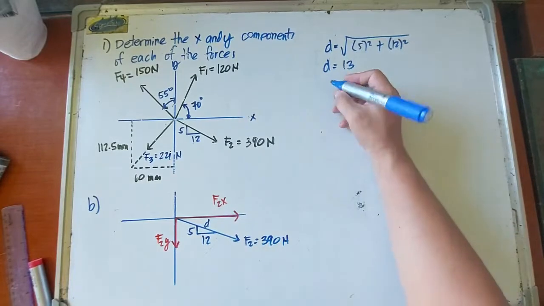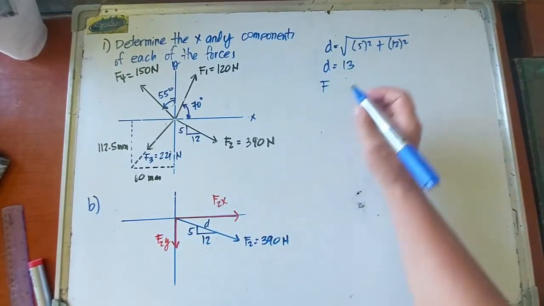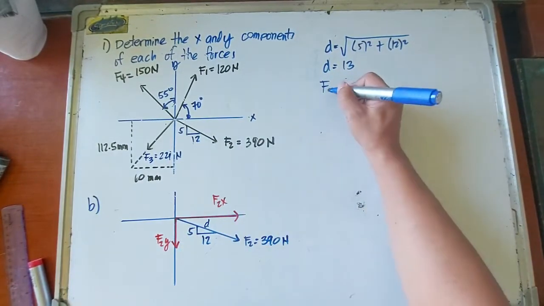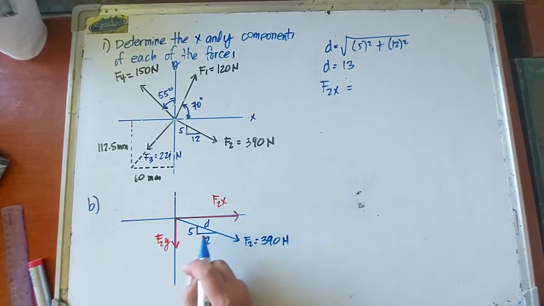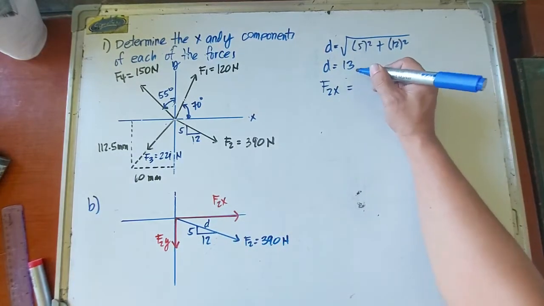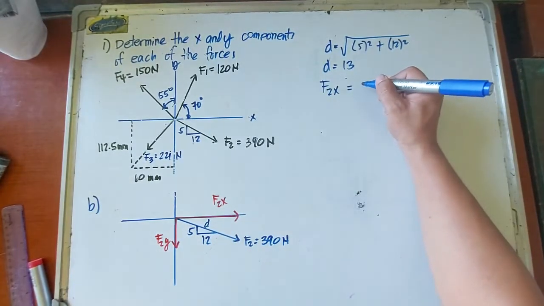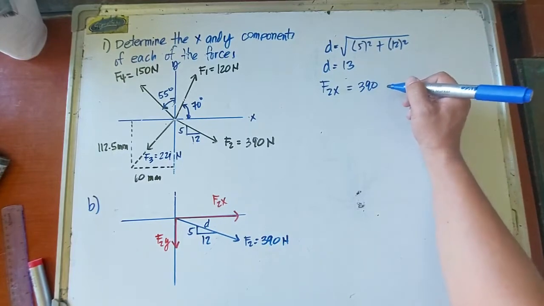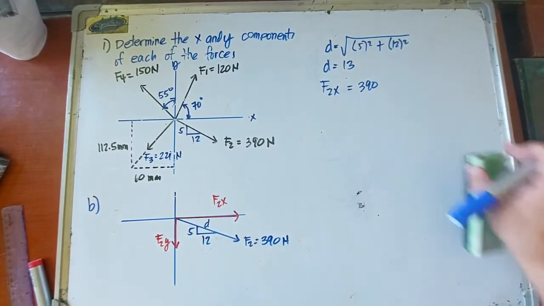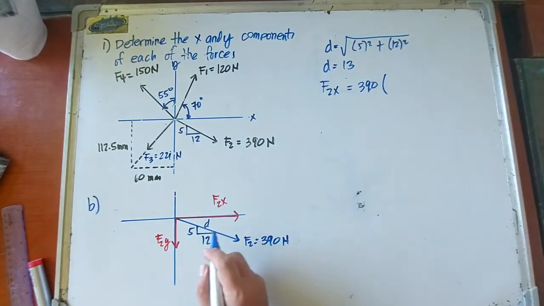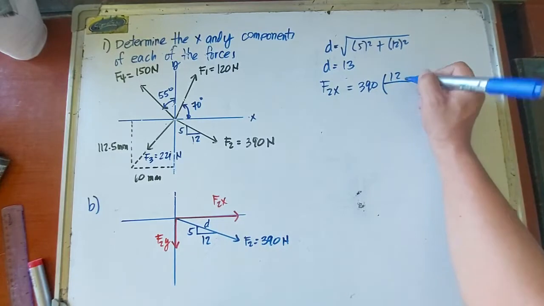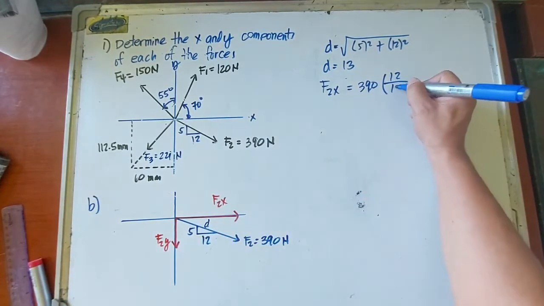Then solve for the components along X and Y axis. So F2x is equivalent to horizontal over hypotenuse, F2 which is 390, times horizontal, that is 12, all over the hypotenuse, which is 13.